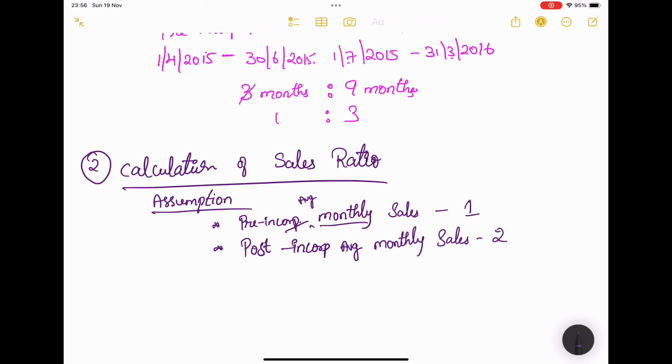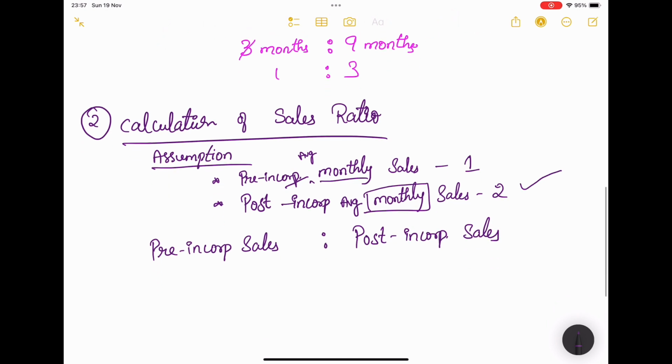In the question they have given this, so twice means if pre incorporation average monthly sales is 1, post is 2. That is the concept. Now, since they have given monthly sales, I'm going to convert the monthly sales into pre incorporation sales and post incorporation sales. So how is it going to work?